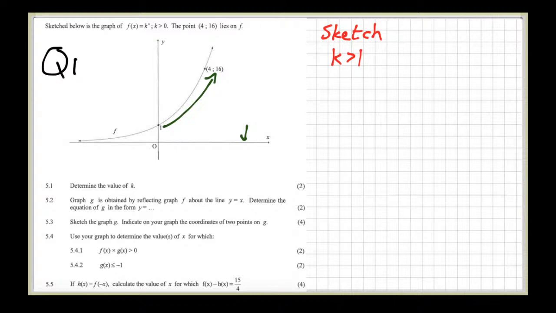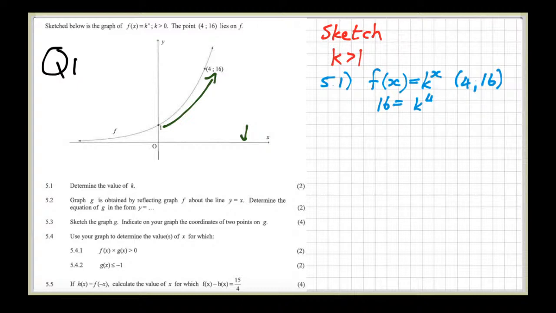So right at the beginning, to calculate a value that I cannot read off, like in question 5.1, I simply take my coordinate and I substitute in. So in other words, I make x 4 and my y value 16. In other words, 16 equal to k to the power of 4.